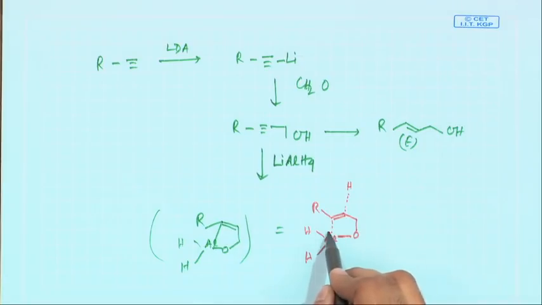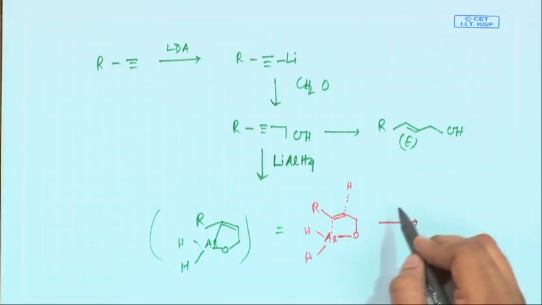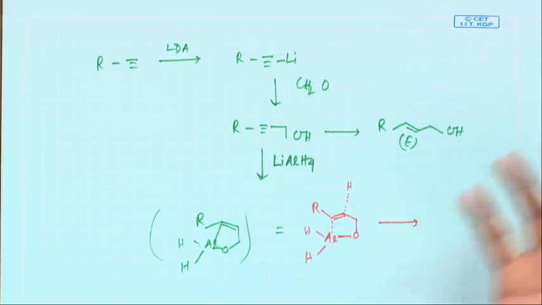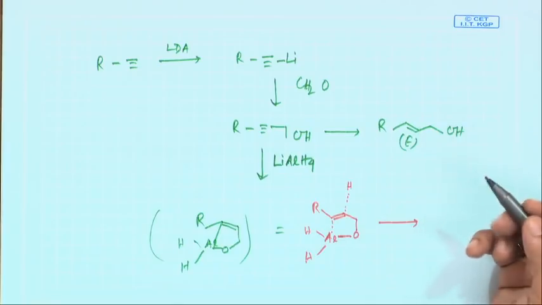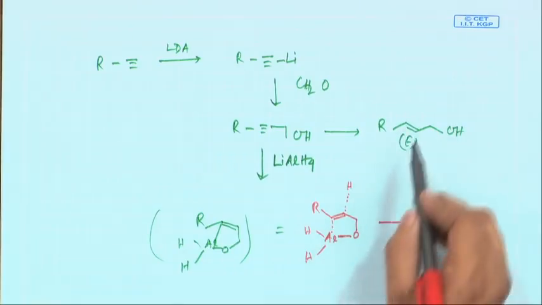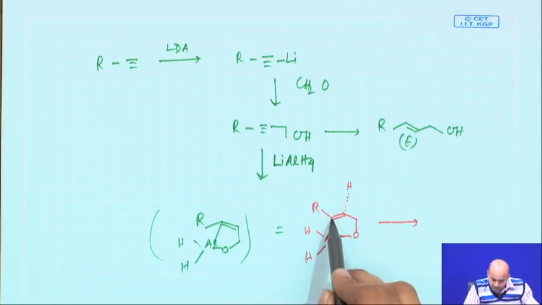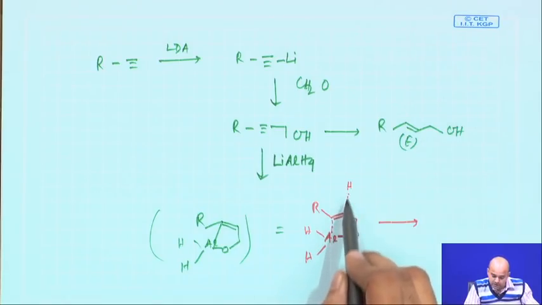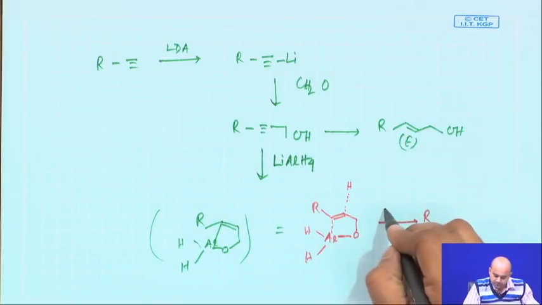Now this carbon aluminum bond will be hydrolyzed by whatever electrophile you use. You can just use simple water, because you need two hydrogens. This hydrogen is already here, so this carbon aluminum bond and this hydrogen are trans to each other. Now this bond cleavage will take place.